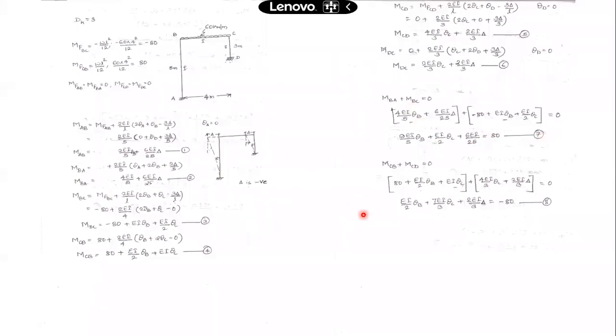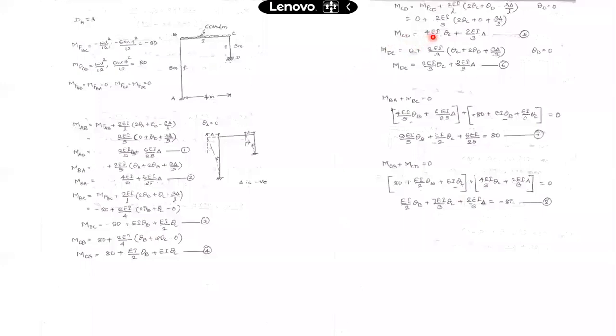Okay. Then one more condition of equilibrium, what you can apply is at joint C. So what should happen over there? MCB plus MCD. These two moments when added at joint C, it should result in 0. So where I have MCB here, MCB is 80 plus 2 EI by 4 into, 80 plus EI by 2 theta B plus EI into theta C. MCB plus MCD, which is here.